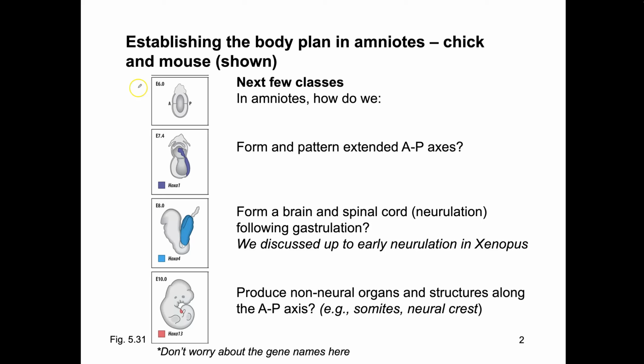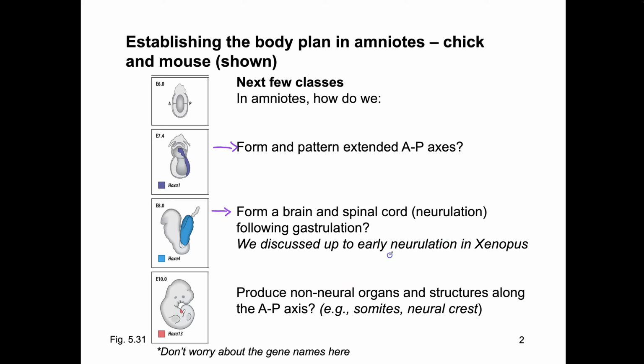So we're going to be looking at, this is a mouse embryo. Don't worry about gene names or anything. But the question is just how, in amniotes, is the anterior-posterior axis formed? How are the brain and the spinal cord formed following gastrulation?